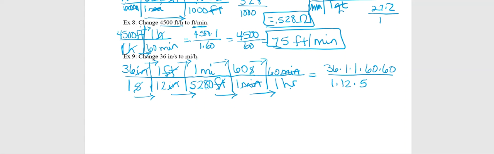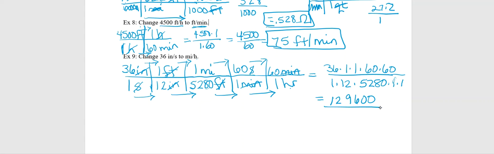Now we know multiplying times 1 doesn't change anything, so really to save yourself some keystrokes you could just put in the numbers that aren't 1. So 36 times 60 times 60 gives me a top number of 129,600.